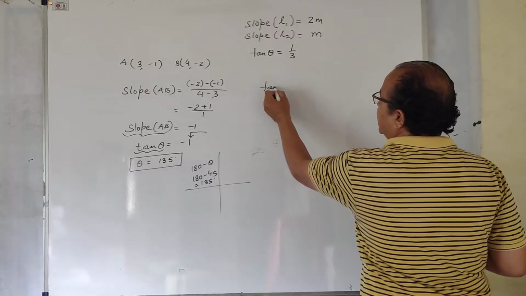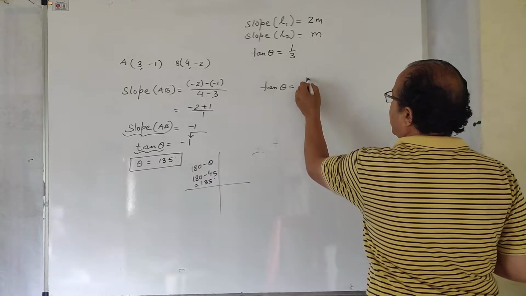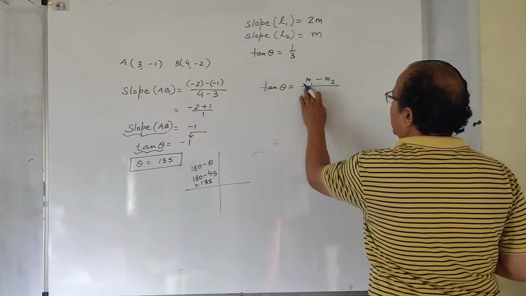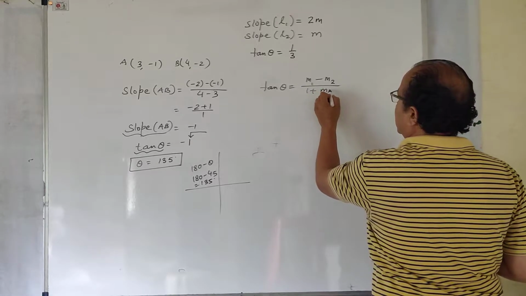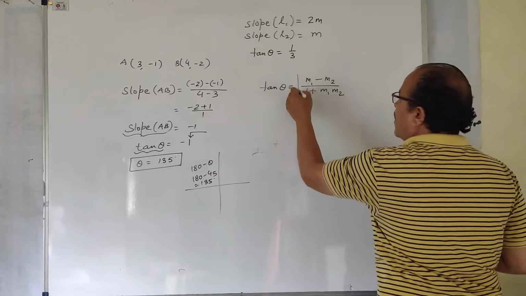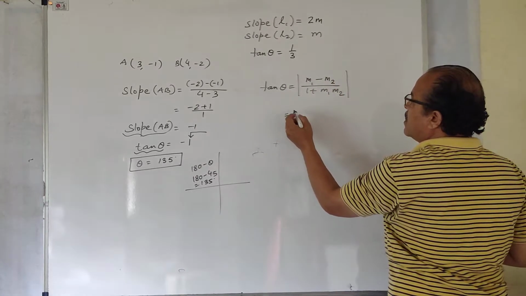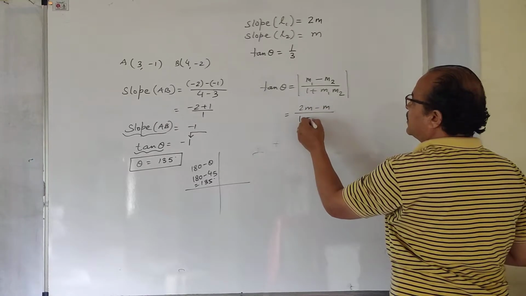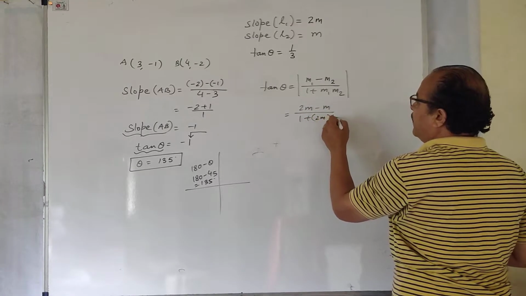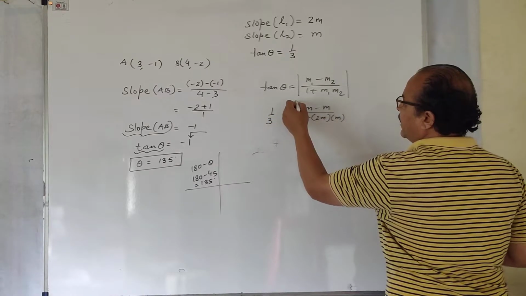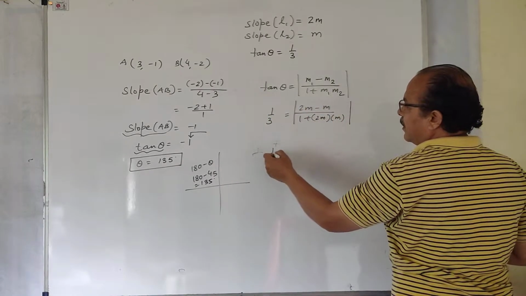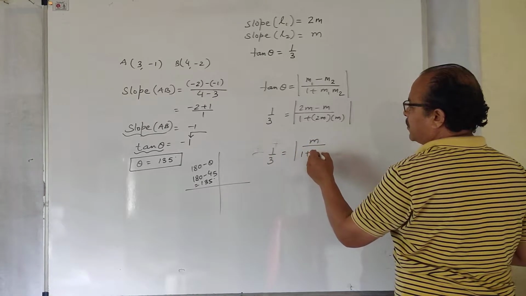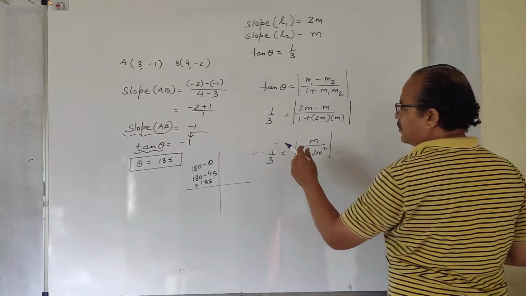We know that tan theta is equal to |m1 minus m2 upon 1 plus m1 m2|. So |2m minus m upon 1 plus 2m into m| is equal to 1/3. This is m upon 1 plus 2m square equals 1/3.